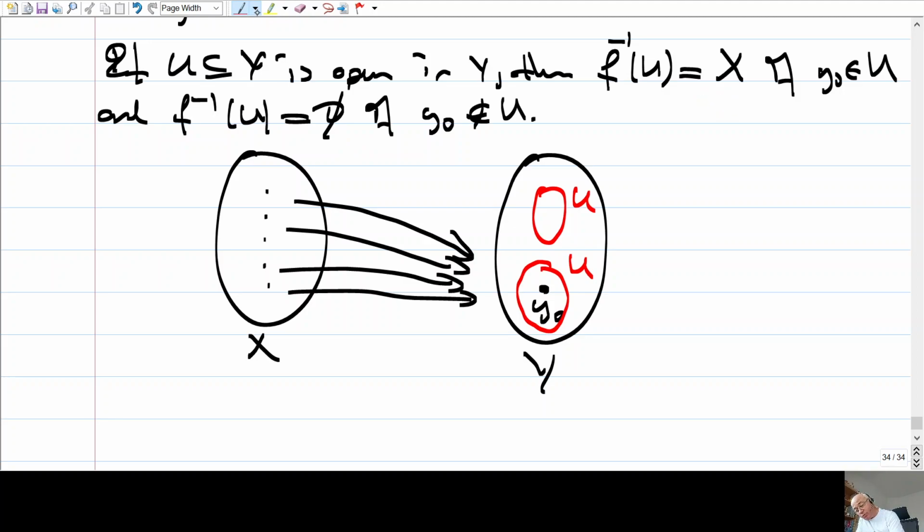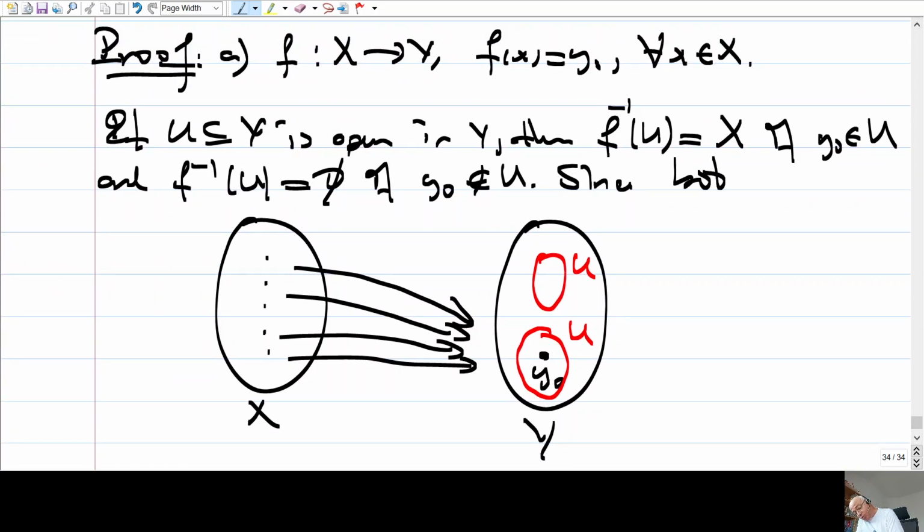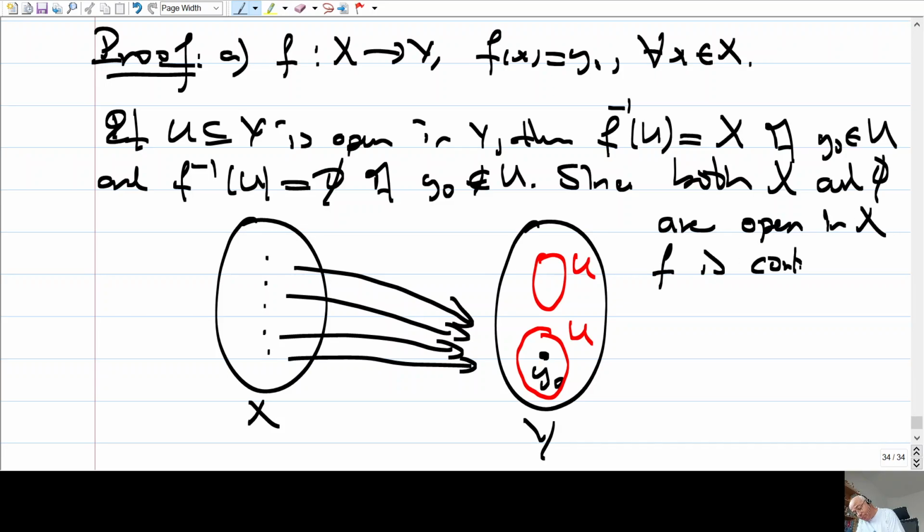Therefore, f is continuous, since both X and the empty set are open in X.